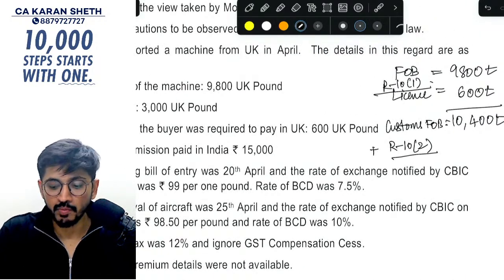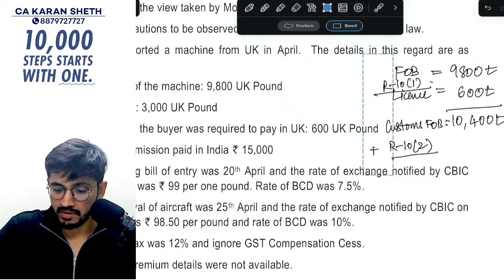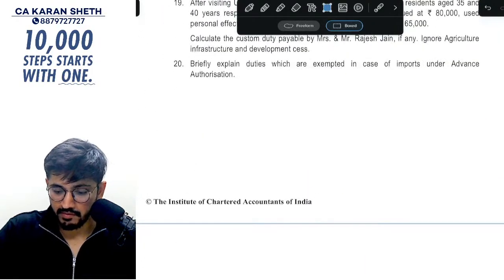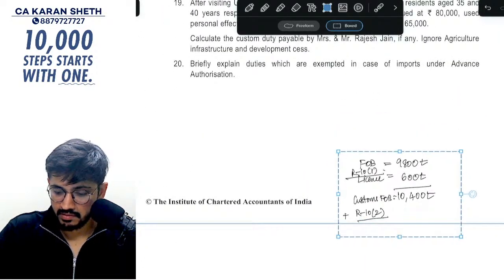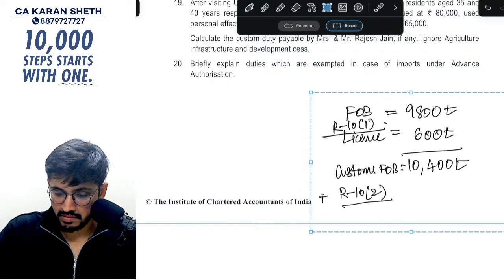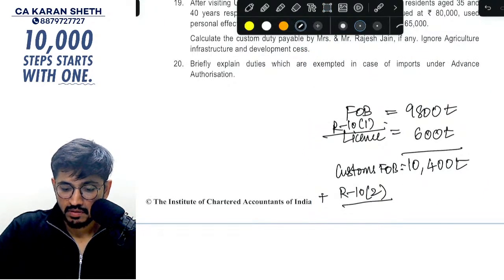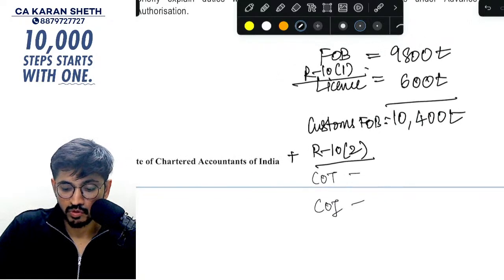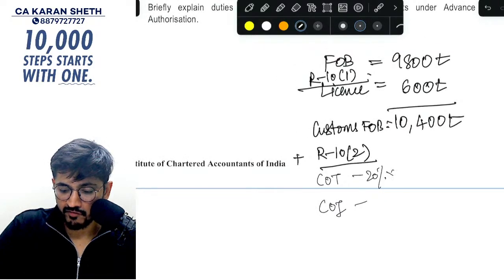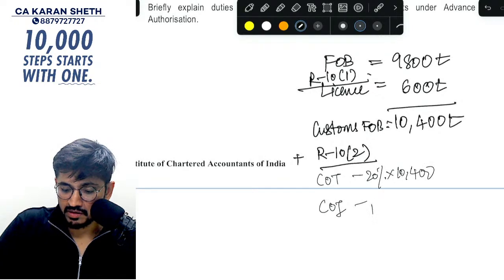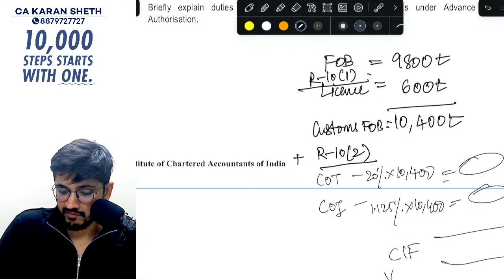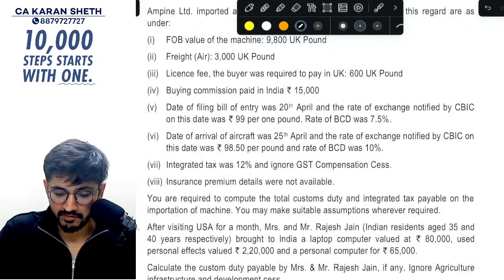And in rule 10.2, my dear friends, now you will ask for COT and COI, and since it is both unascertainable, 20% of 10,400, here it's 1.125% of 10,400. Whatever the answer is, just write it down. Here comes your CIF value, and you have the rate out here.